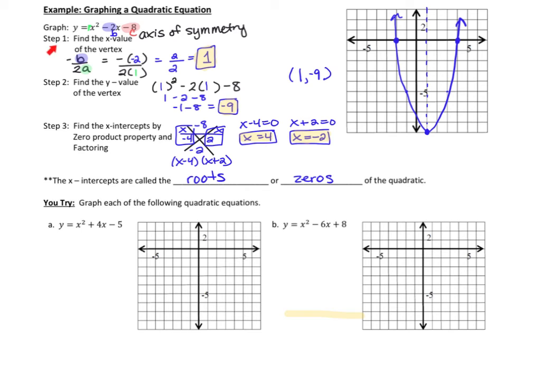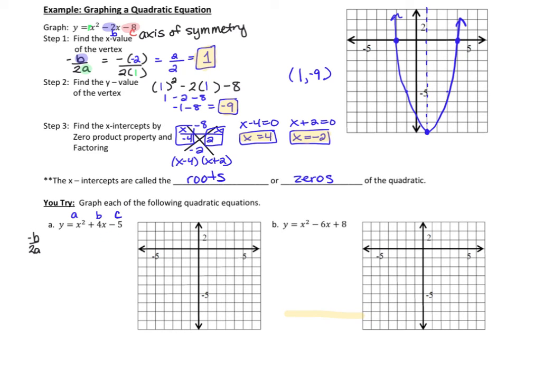So step 1 is to find your axis of symmetry, which is also going to be the x value of your vertex, using the formula -b over 2a, where the number in front of your x squared term is the a, the number in front of your x term is the b, and then the constant at the end is going to be your c.